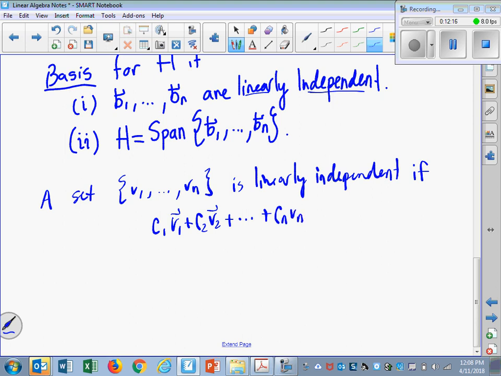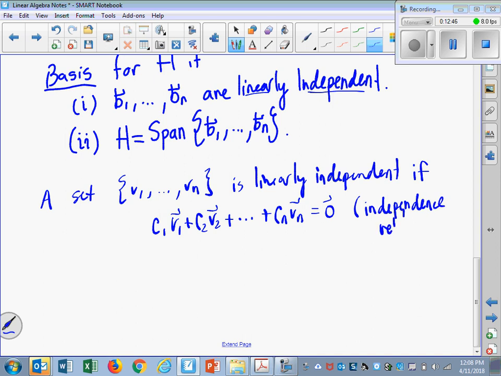This is the zero vector. This is called the dependence relation if you can find non-trivial weights. For now, we'll just call it the independence relation.